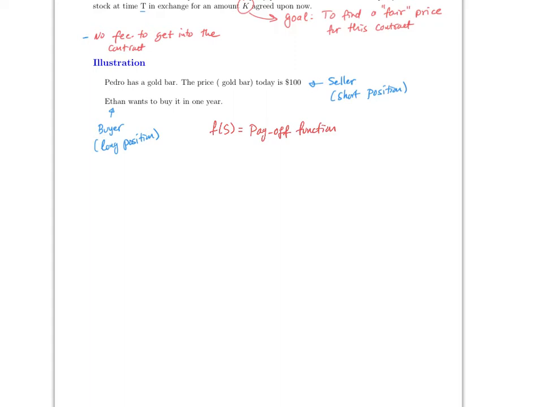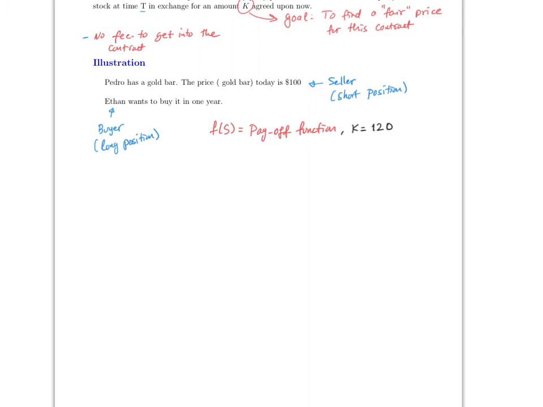Now let's say that they agree, and we'll get to that later on, what the value of K should actually be. But let's say that they agree that K should be 120. So that means in 1 year, Ethan is going to give Pedro $120, and Pedro will give Ethan the gold bar. So that's what they're agreeing to.